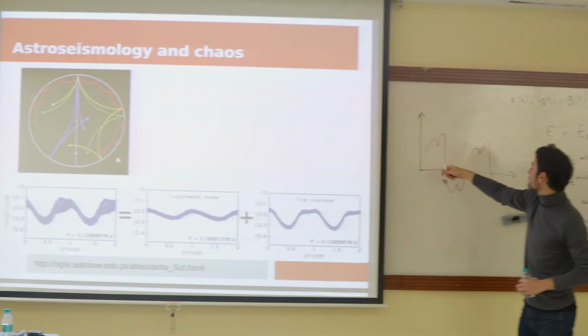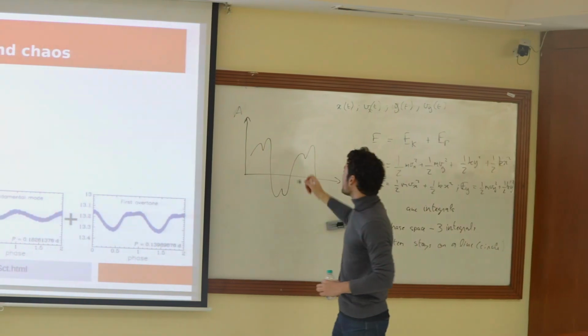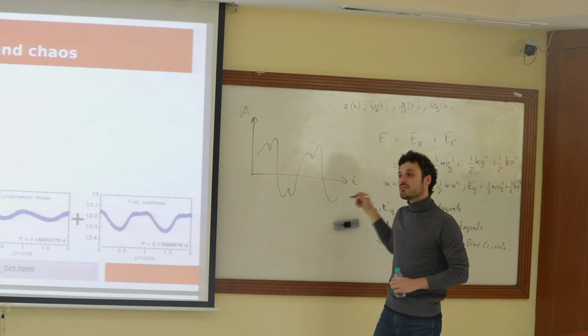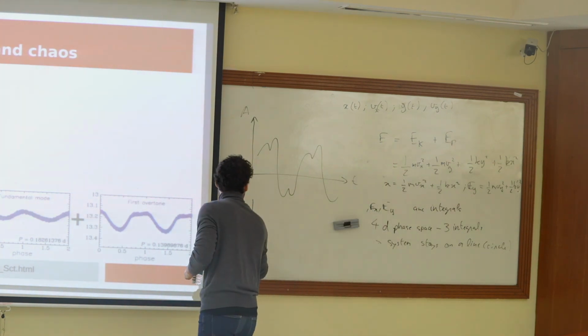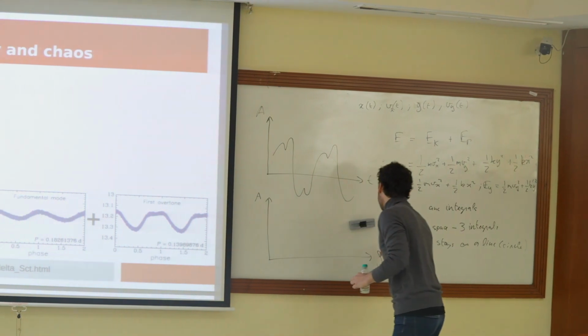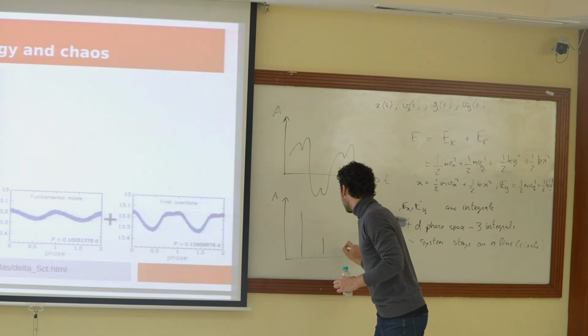So you have a wave here, this is the amplitude of the wave. It doesn't look like a neat sine wave, but it can be modeled as the sum of different sine waves. So it's as if you added up sine waves of different frequencies, where this is the fundamental, and then you'll have a few other modes.